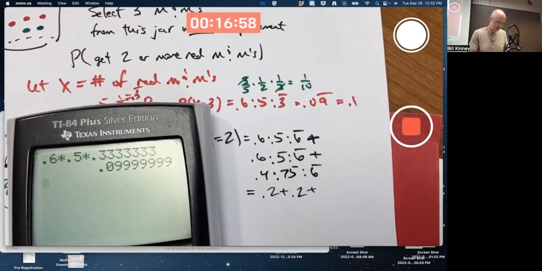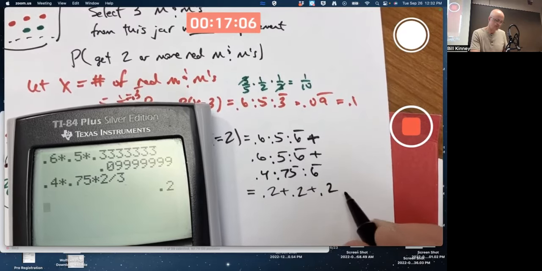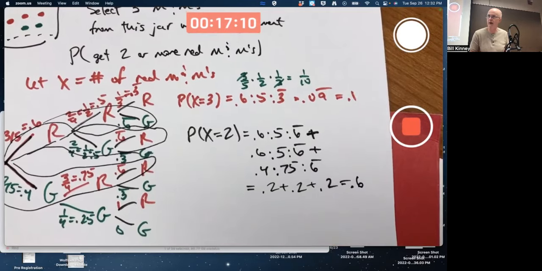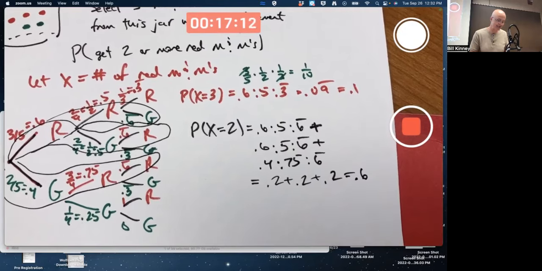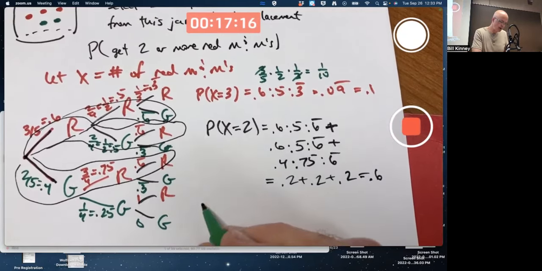And this last one, 0.4 times 0.75 times 2/3 is another 0.2. Looks like if I did not make a mistake, your probability of getting 2 red M&Ms is 0.6. How about getting 1 red M&M?